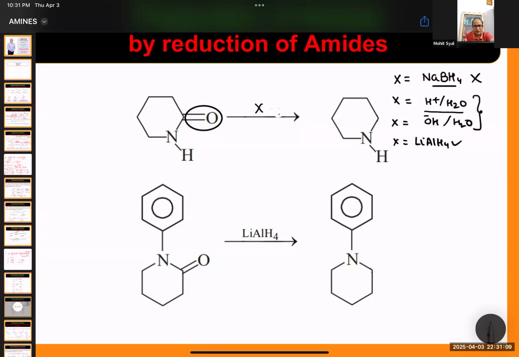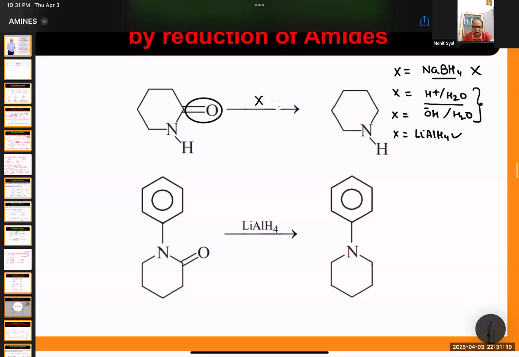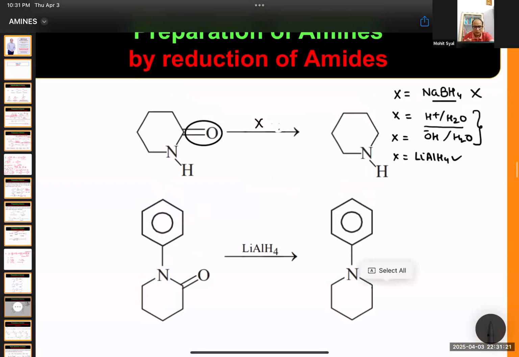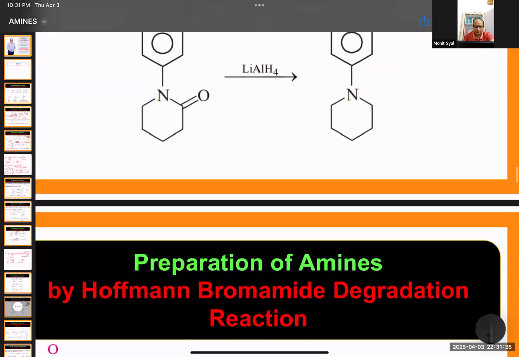If you do the hydrolysis, then you will get carboxylic acid and amine. The ring is going to get cleaved. So again, this is not an option. Got it? So do remember, in reduction, all other carboxylic acid derivatives are going to give you alcohol. Only the amide is going to give you an amine.